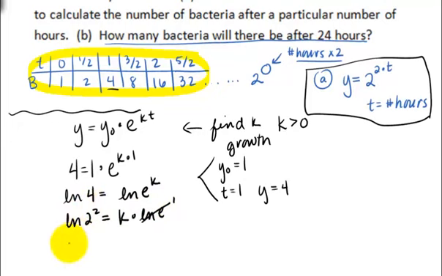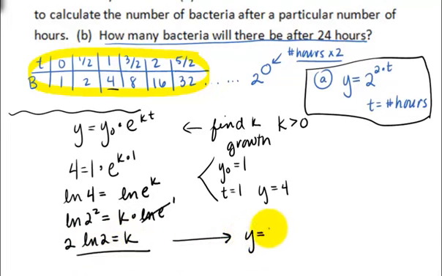And then we can take this 2 out in front, and we can say 2 natural log of 2 is equal to our k. Nice. So let's go ahead and plug that into our equation. y equals y naught times e to the 2 times the natural log of 2 times t.